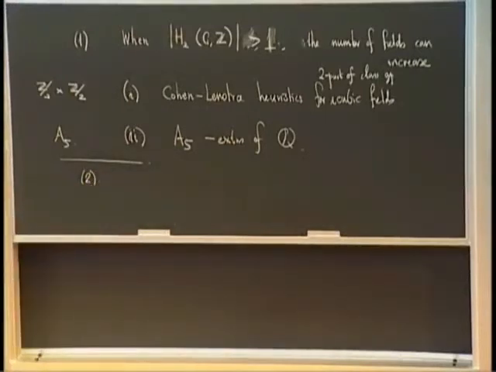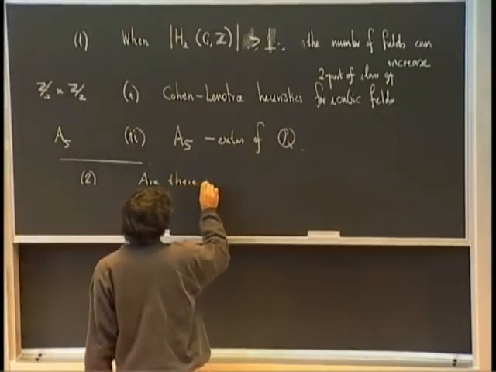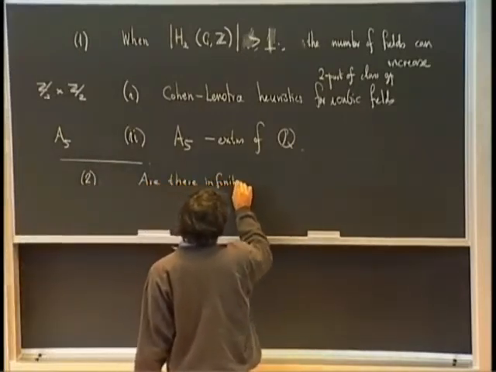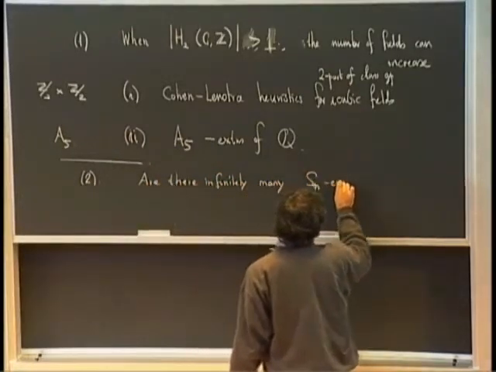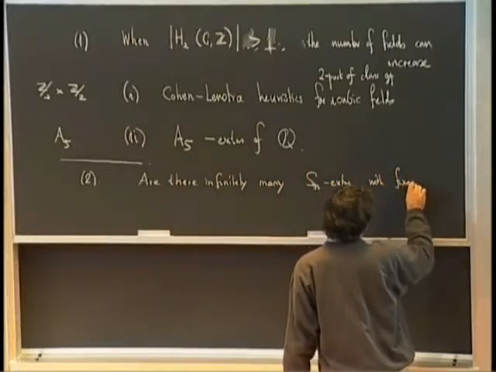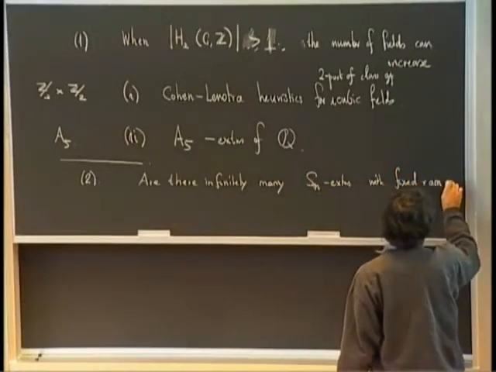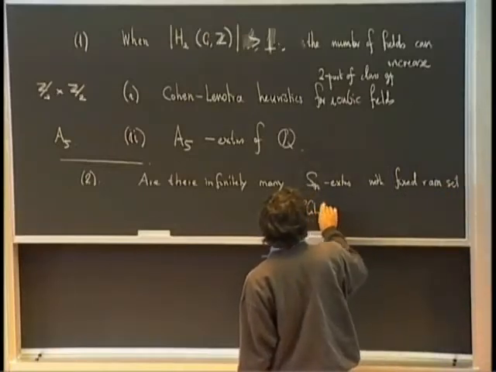And then the second thing I want to talk about are questions of this sort. So are there infinitely many either SN extensions with fixed ramification set, and then the same question for PGL2 FP.